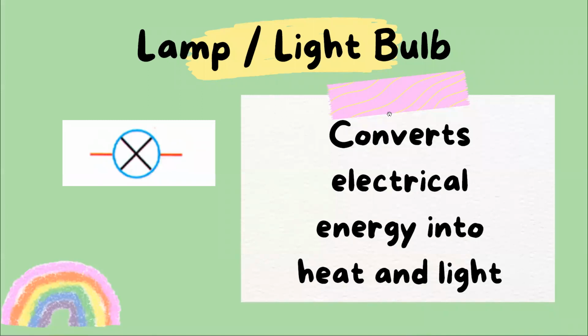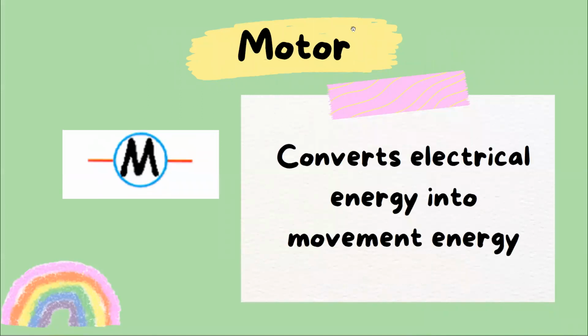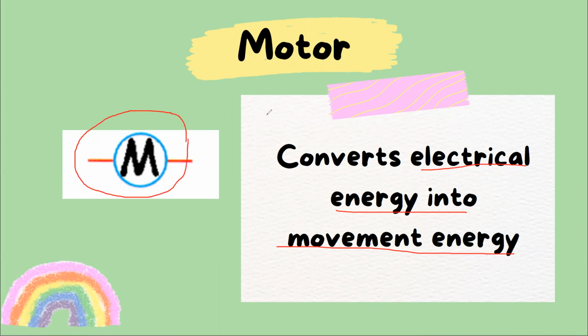Let's go on to our fourth component. Our fourth component is the motor. The motor converts electrical energy into movement energy. So what does the motor do? The motor makes sure that energy continues to flow in the circuit.